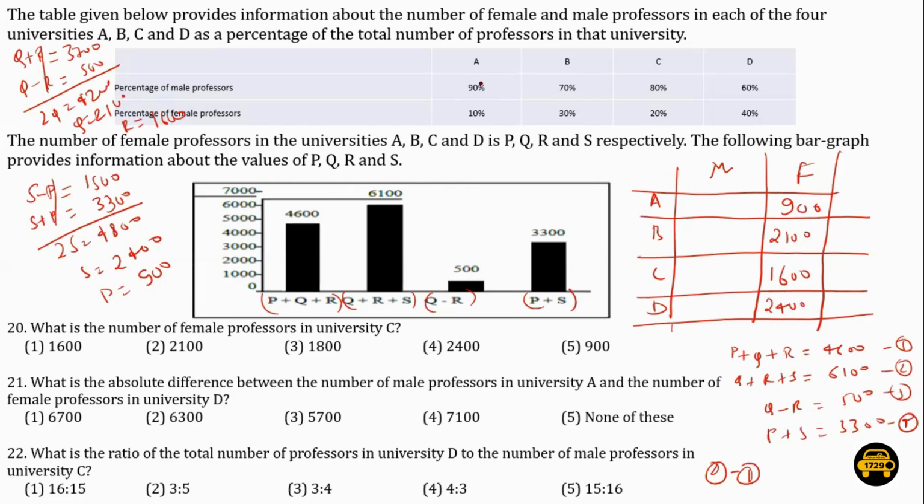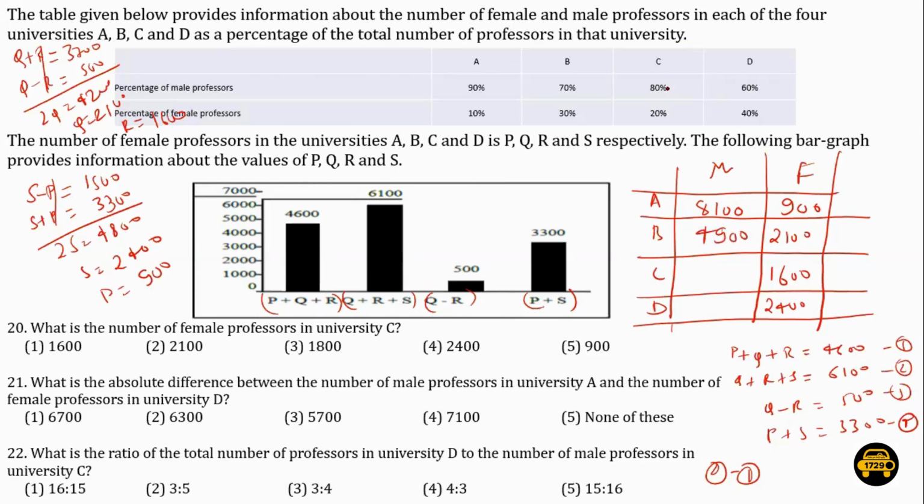Now we can see the ratio of male and female in university A is 9:1. So if this is 1, the 9 will be 9 times of this, that is 8100. Now here it's 7:3, so this is 3. So it will be 7x and 3x. We can solve it very easily. If the value of 3x is 2100, x becomes 700 and 7x will become 4900.